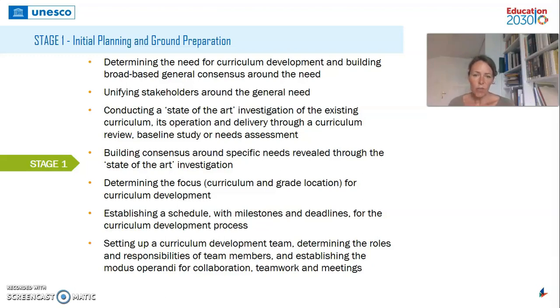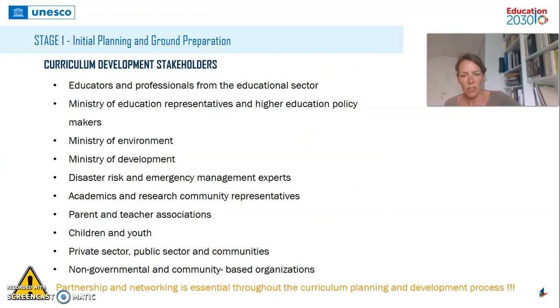So you need to conduct some baseline assessment studies and involve several stakeholders, because you have to come up with a consensus with regard to the needs and to the focus the curriculum should take, and then establishing a team that will work on that curriculum revision and establishing a schedule, including the milestones and the deadlines, would be part of that stage.